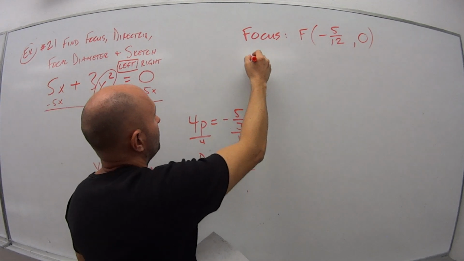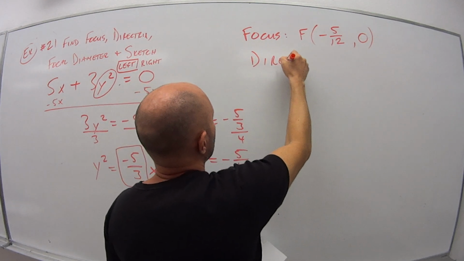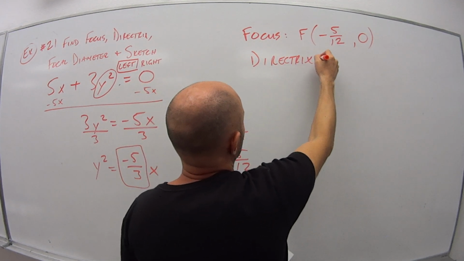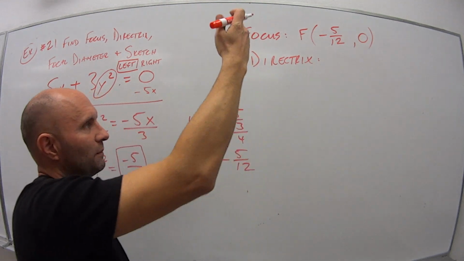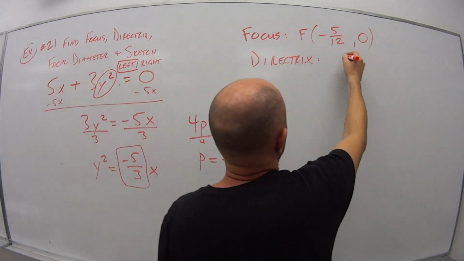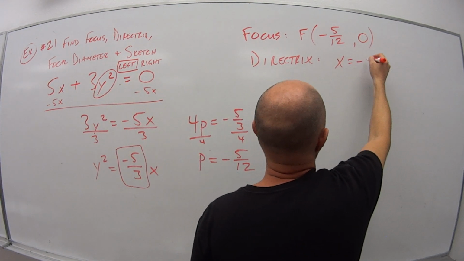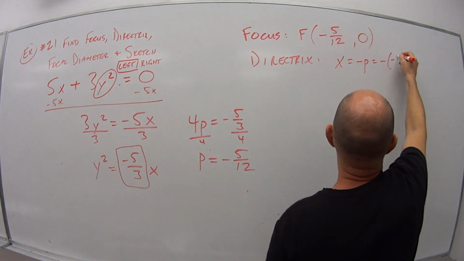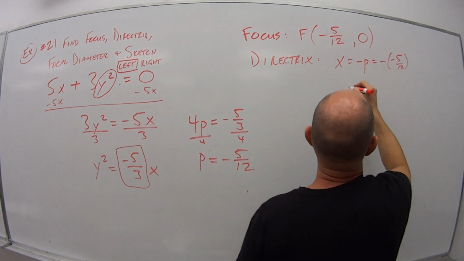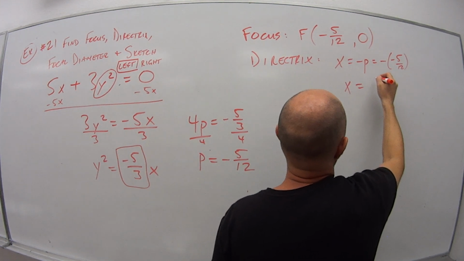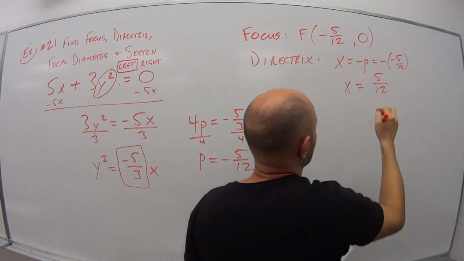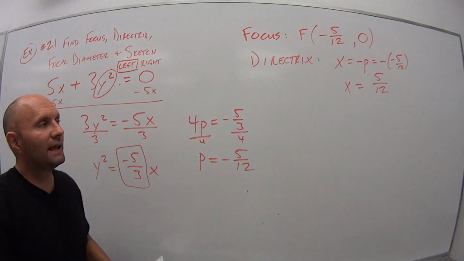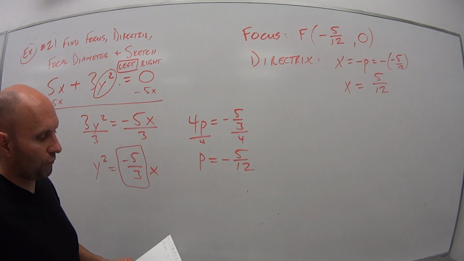Now we need the directrix. Because this is a parabola pointing to the left, our directrix is going to be a vertical line, which means x is equal to negative p, which is negative a negative 5/12, so our directrix is at x equals positive 5/12. So all these negative signs here, please be careful.